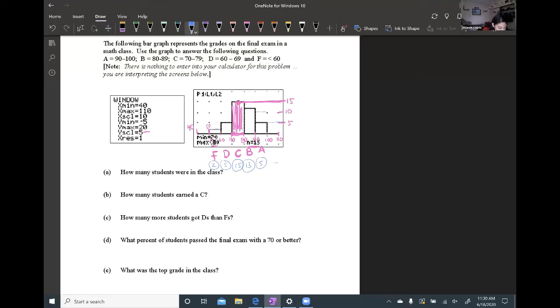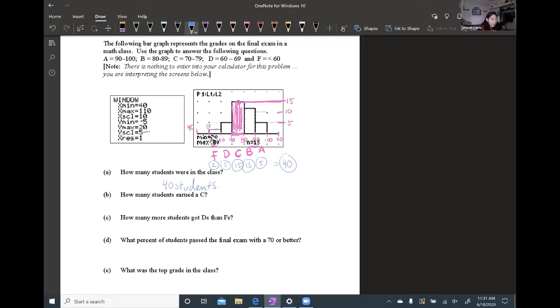So now if we add all of these up together, that should be 20, 45? No, 40. Is that what you guys got too? Okay, you just want to give a pretty good estimate from the graph. So how many students were in the class? 40 students.